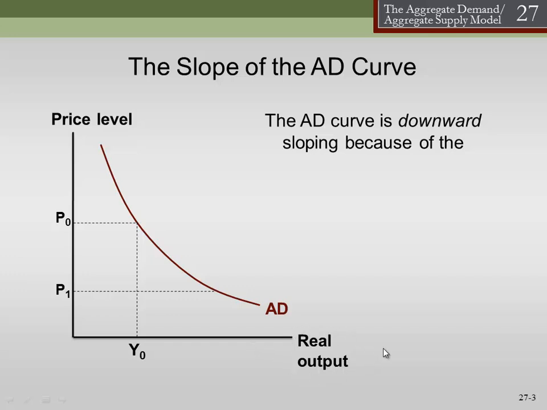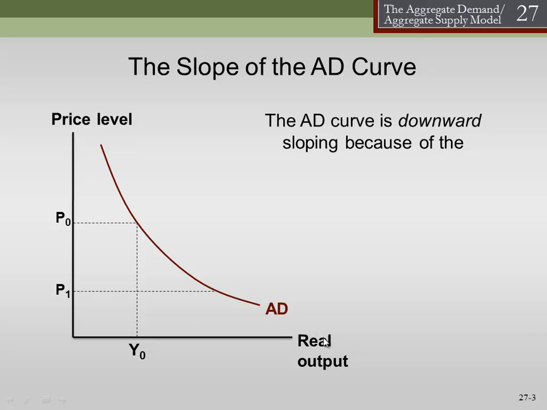And you'll notice something. This looks an awful lot like supply and demand from Principles of Micro. And it does. The difference is, instead of the price of one good being put here, we put the aggregate price level of all goods here. Instead of the quantity of a single good here, we put the aggregate quantity of all goods, or real output.